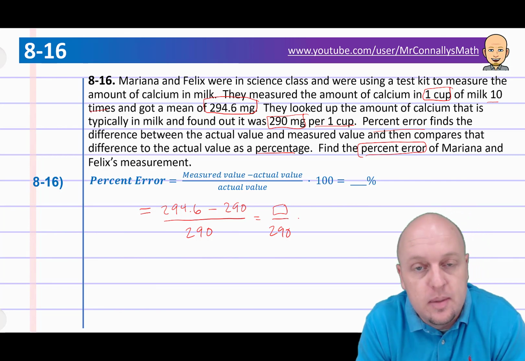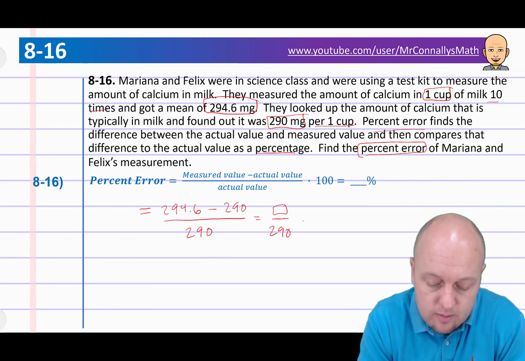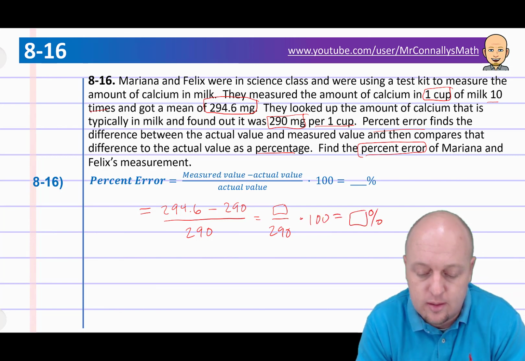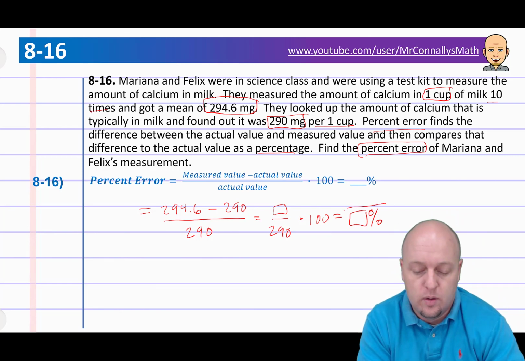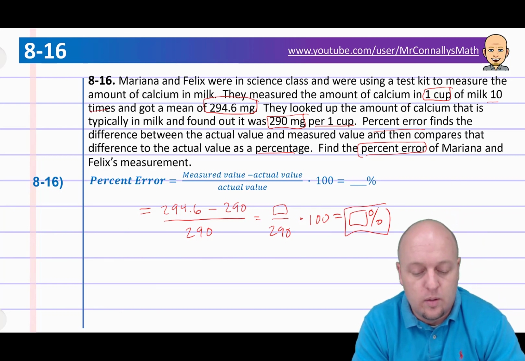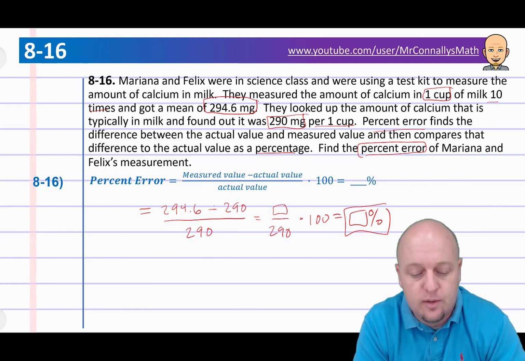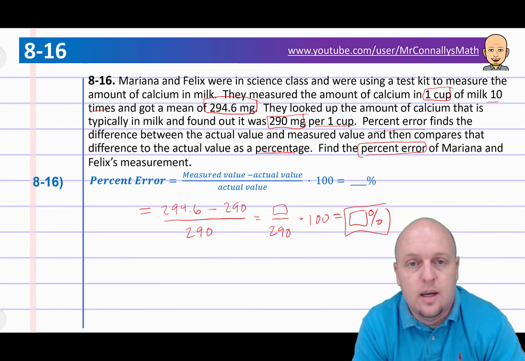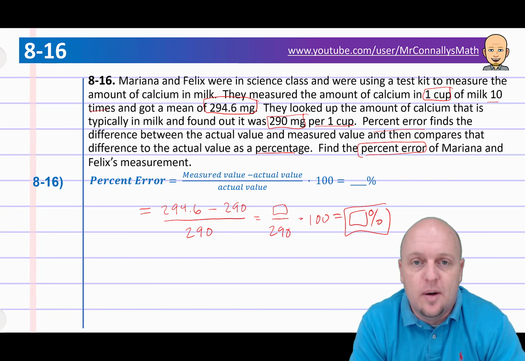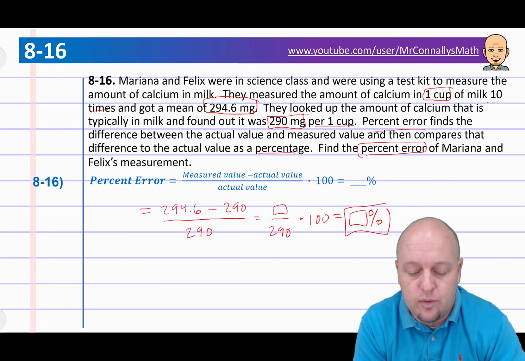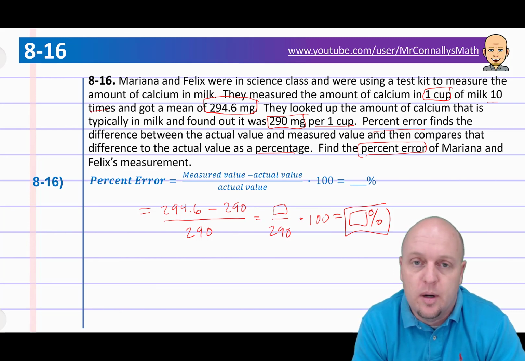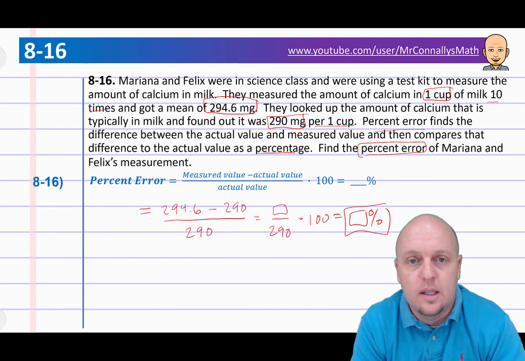Whatever that number is, it's going to be a decimal. If we're going to multiply it by 100, and that should give you the percent error. Okay, so the percent error is going to be the difference divided by 290 times that by 100. Okay, don't forget the percent sign in the answer. Pause to finish that part up. Let's go on to the next.